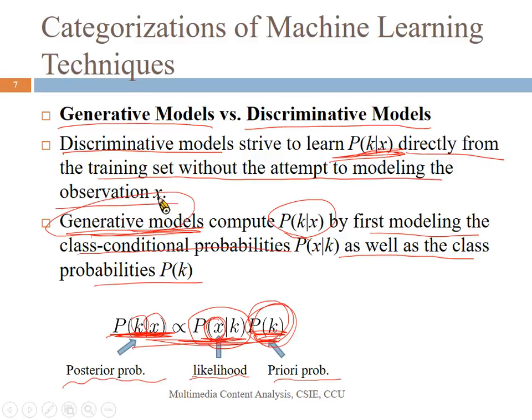So we don't build a model to describe the visual appearance. We just try to discriminate. Okay, this set of features is different from this set of features. So all we need to do is to discriminate different features. So this is called the discriminative model.